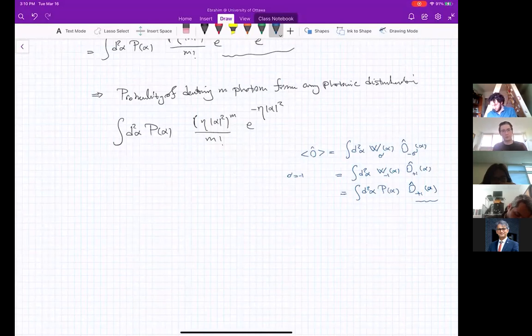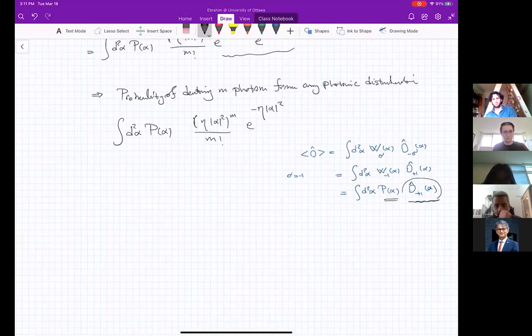Yes, that is true for the coherent case. Somehow we say that if we know the quasi-probability P alpha, which in this case is the Glauber-Sudarshan probability, then the operator you place here should be ordered, right? If we have a dagger or whatever, you have to order them in such a way that all A dagger are on the left side and all A should be on the right side.